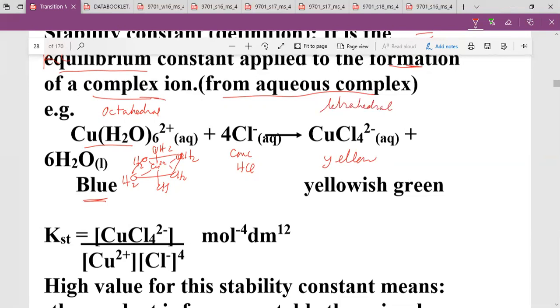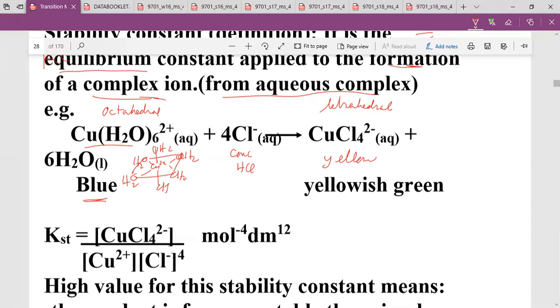Remember I told you CCCC: copper chloride, cobalt chloride, chromium chloride. All of them are tetrahedral. Copper, cobalt are +2, chromium is +3. They are all tetrahedral because of the large size of the Cl minus and the charge, so they repel each other. They can't go near 90, they have to go 109.5.